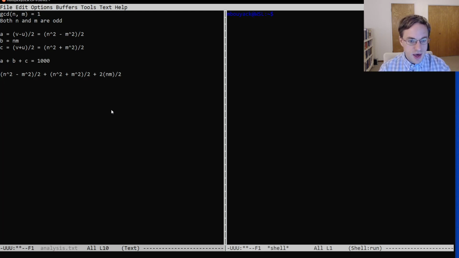Then you can see that we have n squared plus n squared, so it's going to be 2 n squared, minus m squared plus m squared, so that cancels out.